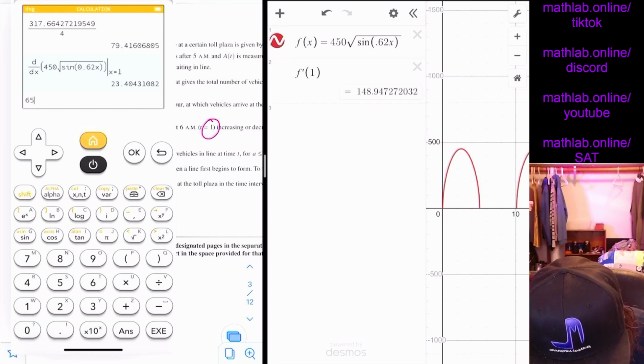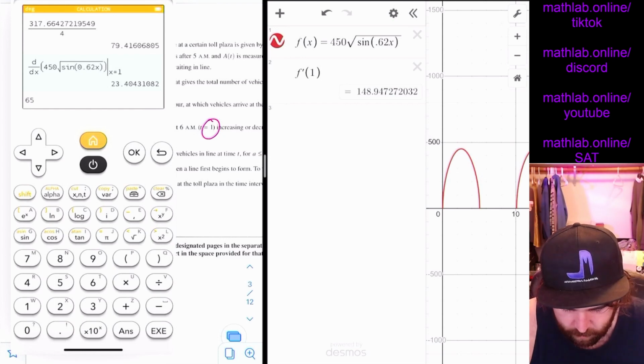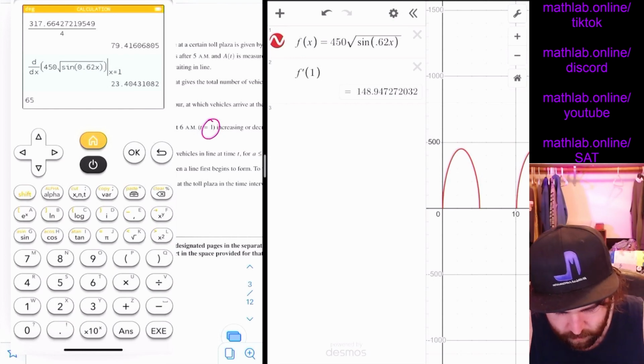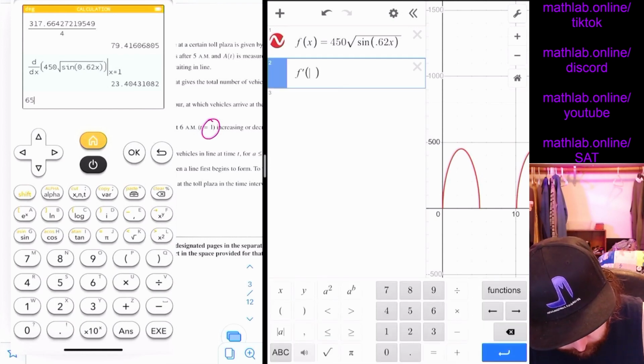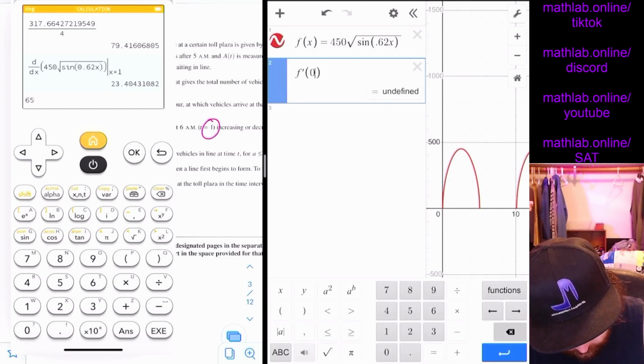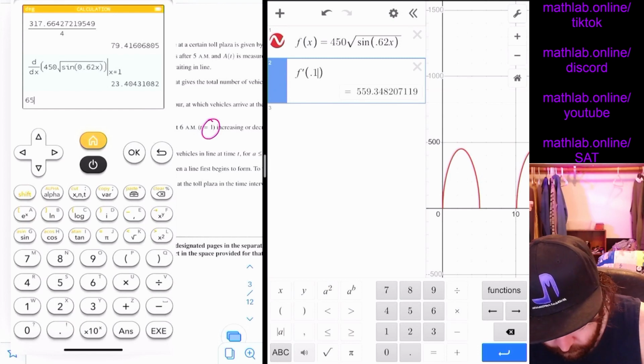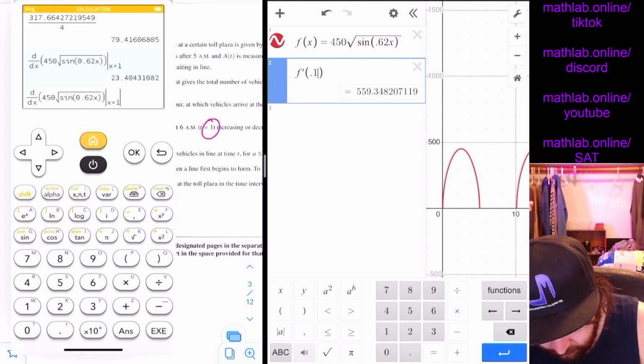Did I type something in wrong? No. Why is that not calculating that same thing?